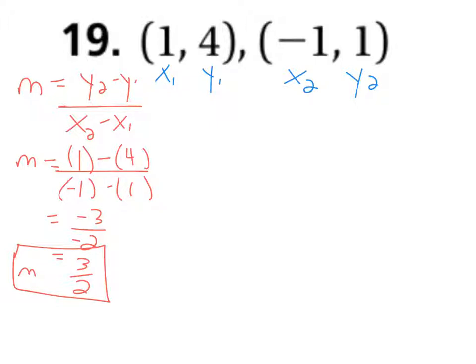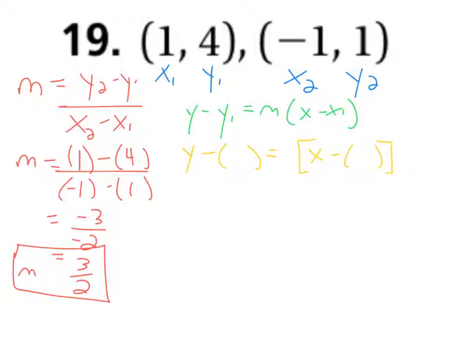And then we have to write it in point-slope form. So we're going to do y minus y1. Actually, let me use a different color just to differentiate it. Okay, so y minus y1 equals m, parentheses x minus x1. And we're substituting the values in. So y minus whatever y1 is equals whatever the slope is, brackets, x minus whatever the x coordinate is.